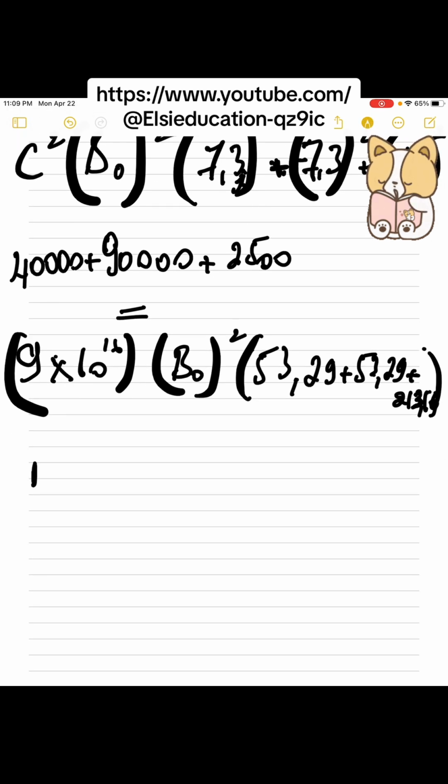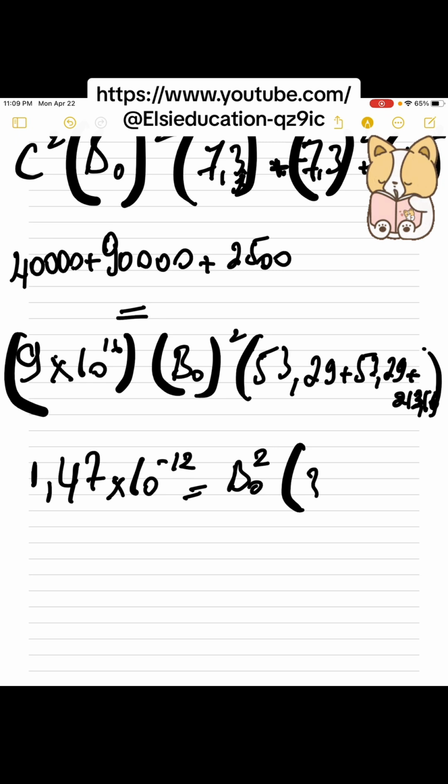So this one will be 1.47 times 10 to the minus 12 equal B initial squared multiplied by 319.74.